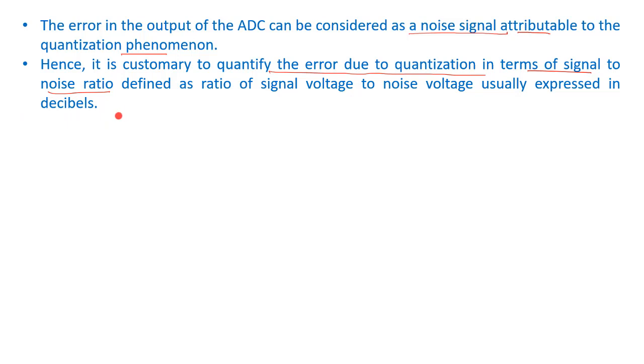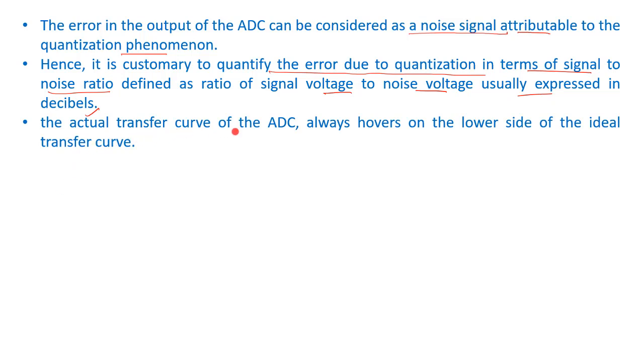So generally the noise is computed in terms of SNR, signal to noise ratio. Using this concept, we can quantify the error due to quantization, and it is the ratio of signal voltage to the noise voltage, usually expressed in decibels, right.